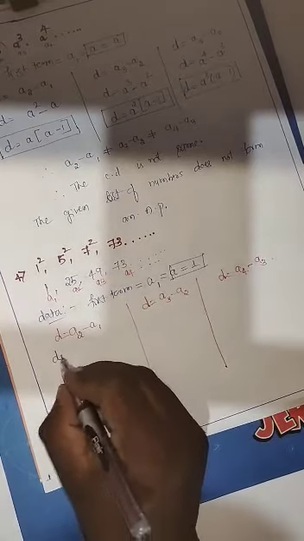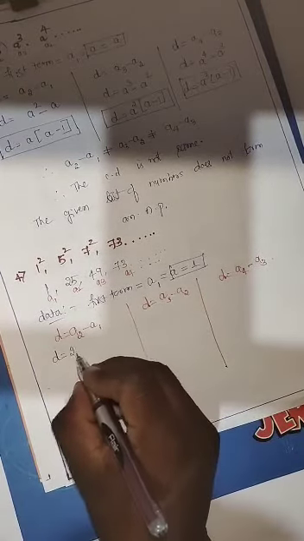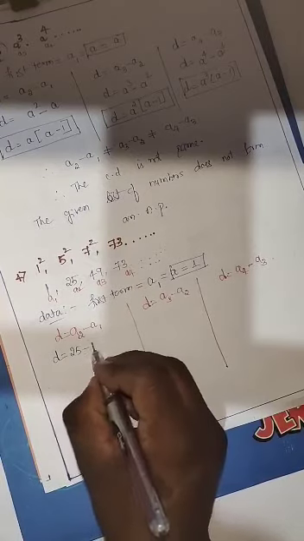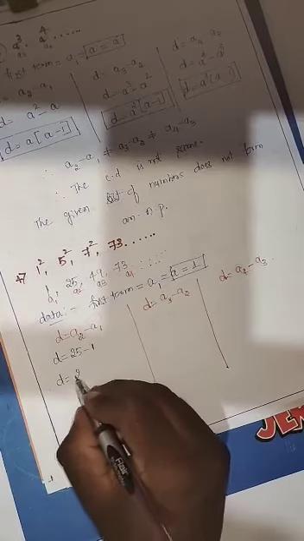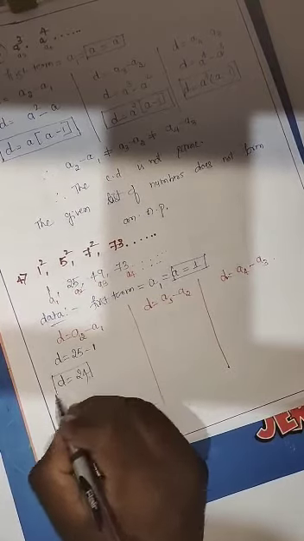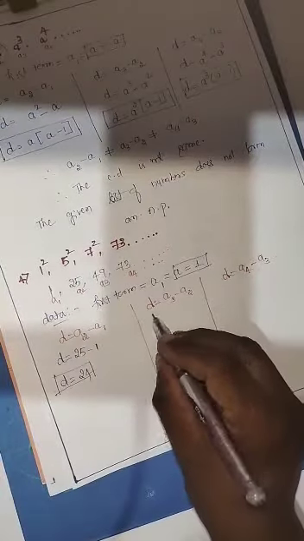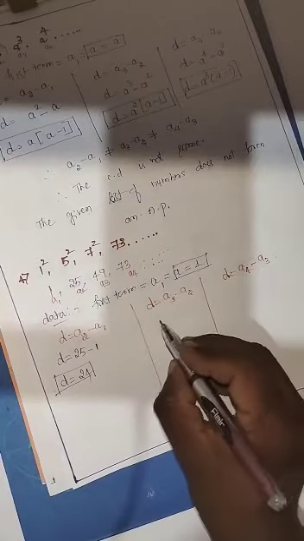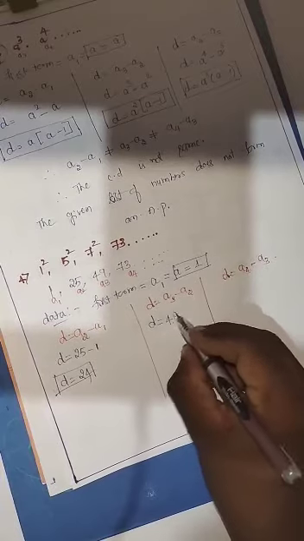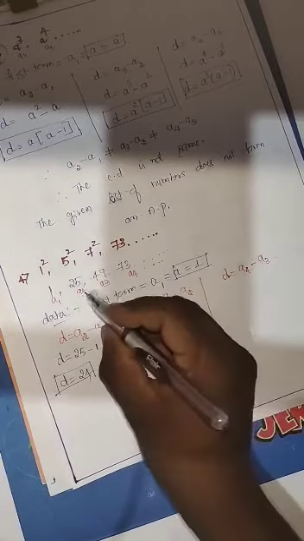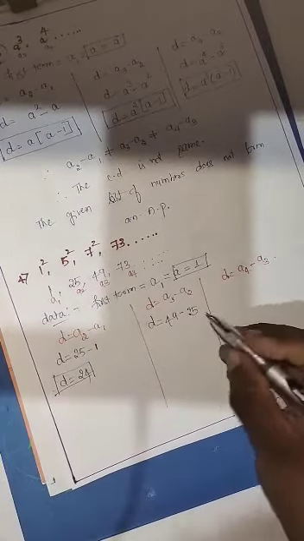Suppose I take the difference of the first two consecutive terms. So d is equal to, here a2 is 25 and a1 is 1. On subtracting 1 from 25, we get the common difference 24. Now the second set of consecutive terms: d is equal to a3, which is 49, minus a2, which is 25.